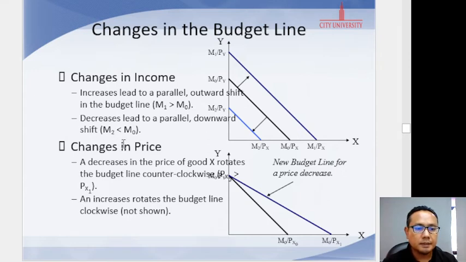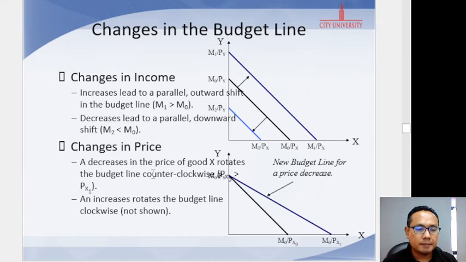That means income M2, just quite similar to a demand shift. So changes in income will increase or decrease the budget line. And also changes in price, when we change the price.